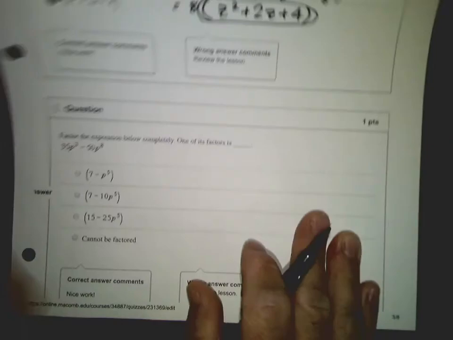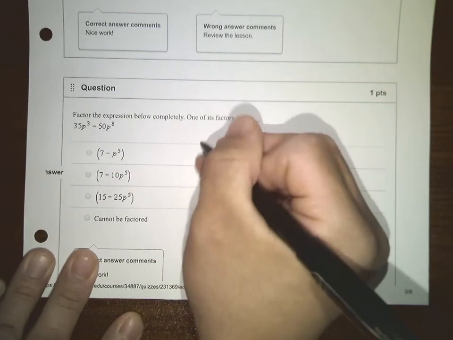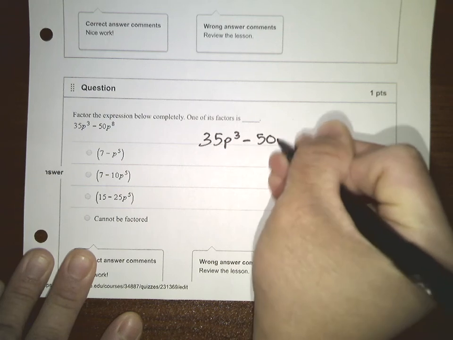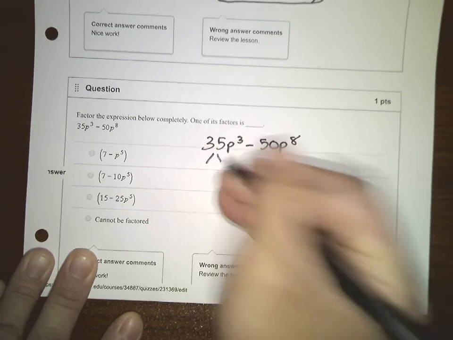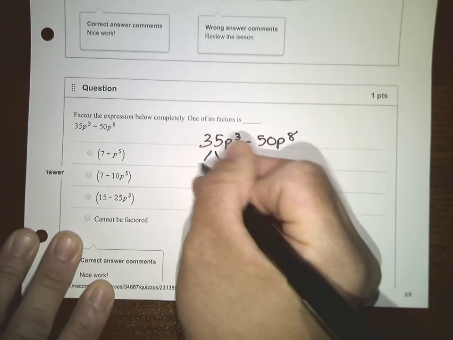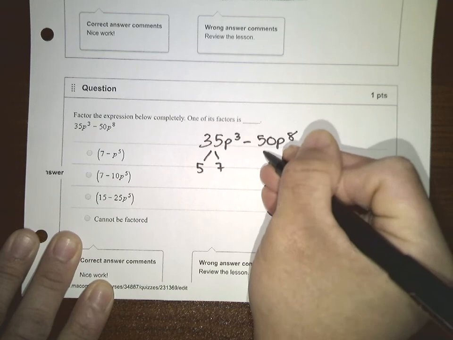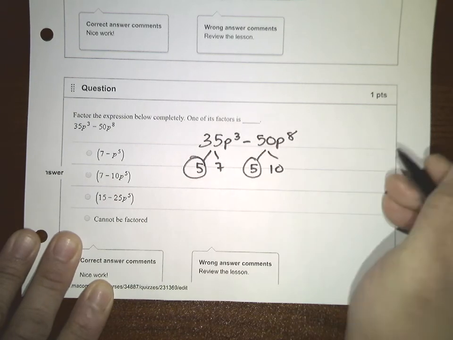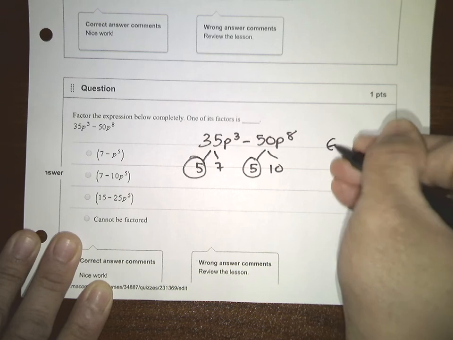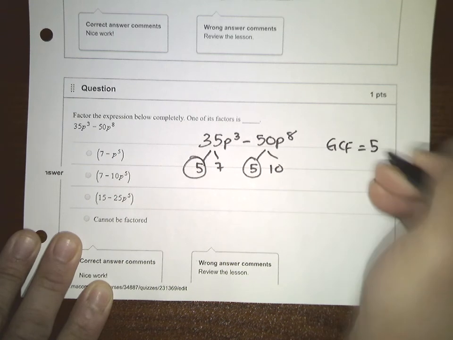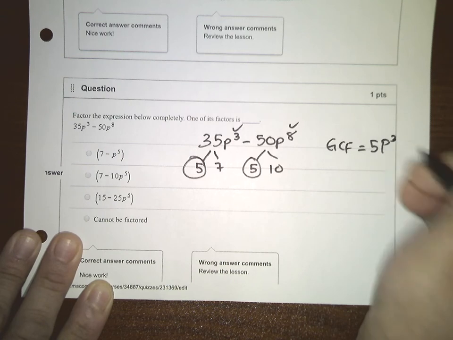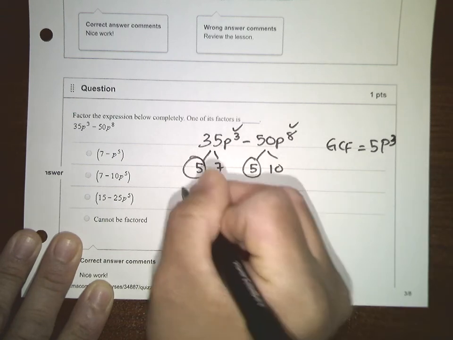All right, let's try again. We have 35p to the third minus 50p to the eighth. So this is 5 times 7, and the 50 is 5 times 10. So these both have the greatest common factor of 5. And we have at least 3 p's in each of the two terms, so 5p to the third.